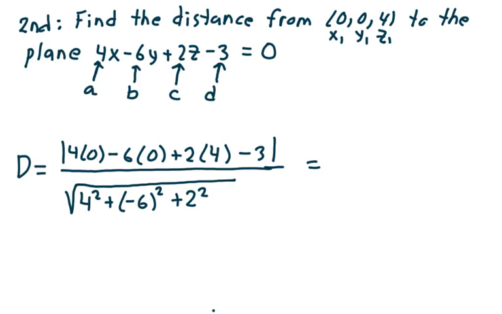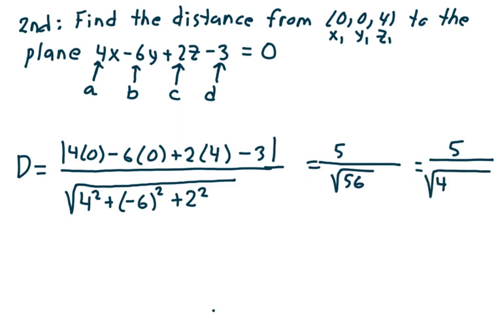Now, in the numerator, we get 5. In the denominator, we get the square root of 56. But this is equal to 5 divided by the square root of 4 times 14. Remember, the square root of 4 is 2.